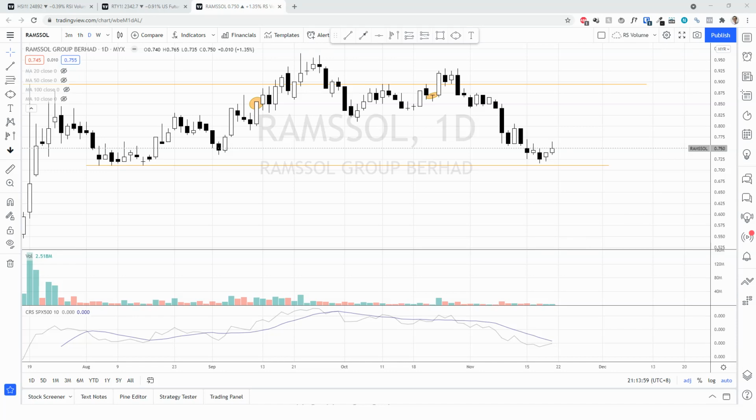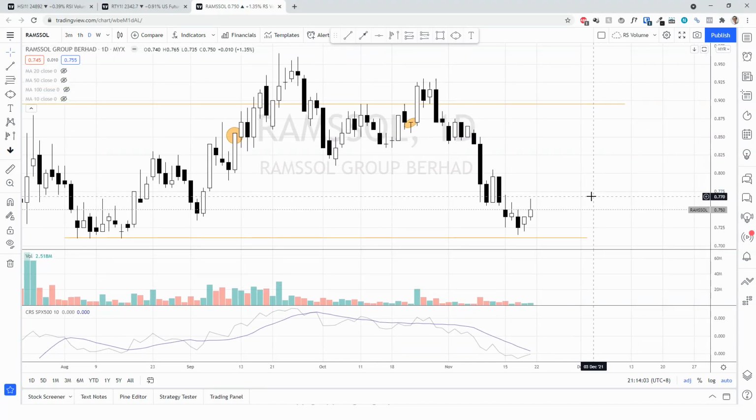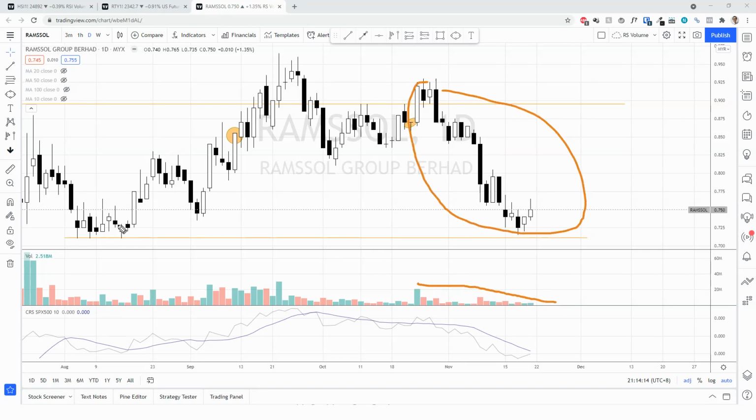In terms of the overall volume, I don't really see a lot of aggression in selling. So even though it had a reaction here, supply is decreasing. At the moment, it is right at the support. So if it can just go up from here, that would at least offer some nice reward to risk.